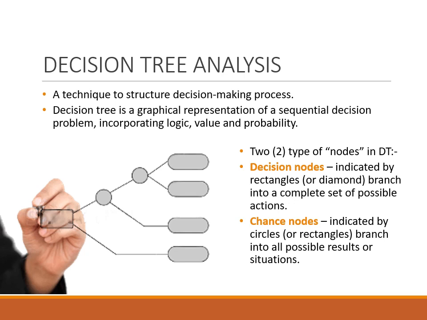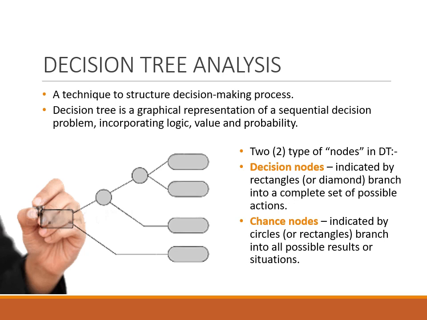All right, so you see there that the technique is very structured for decision making, and it involves drawing a decision tree. So it's a graphical representation of a sequential decision problem. You incorporate logic, values, and probabilities. All right, when you draw decision trees, there are two types of nodes.